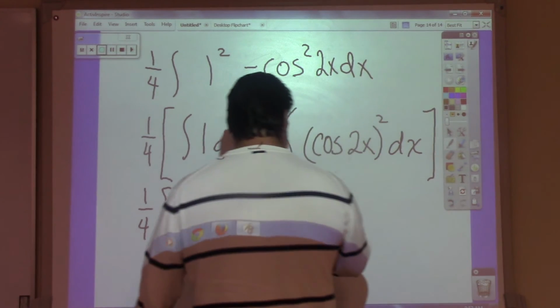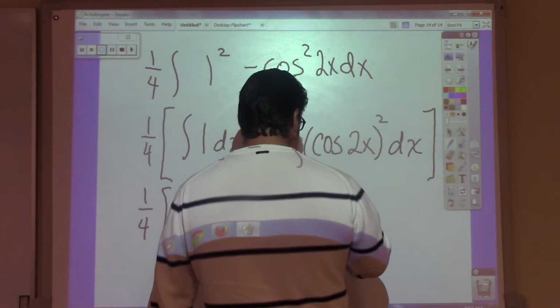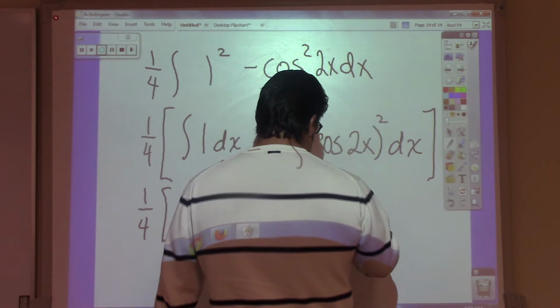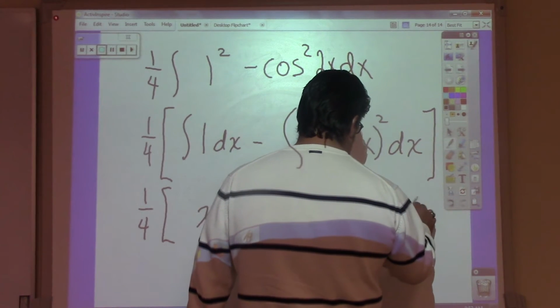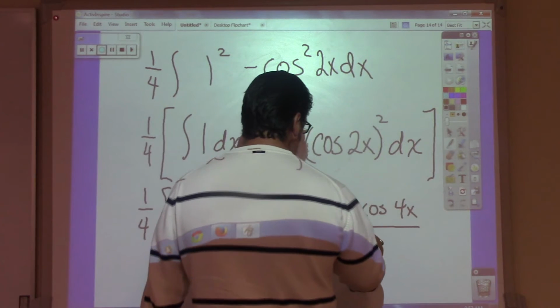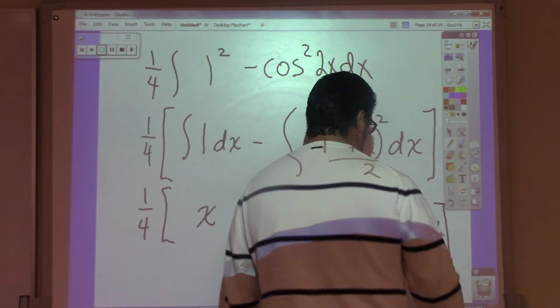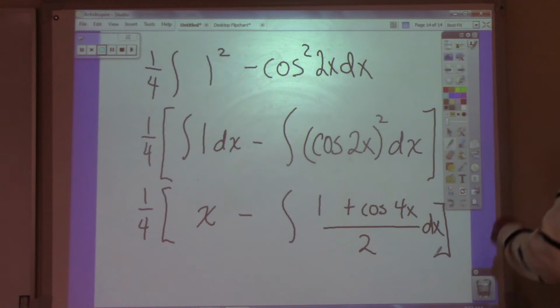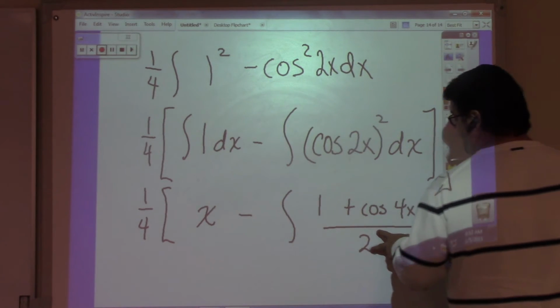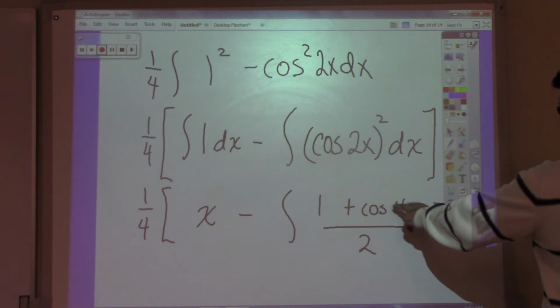So that's going to be antiderivative of 1 plus cosine 4x over 2 dx. And now you're going to break that up because that 1/2 will come out, and then you'll be able to work with this.